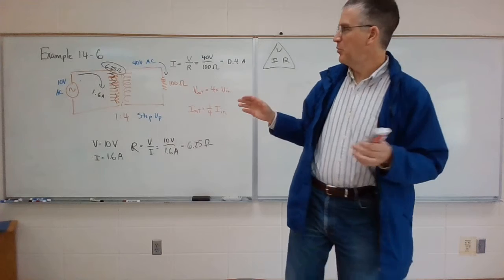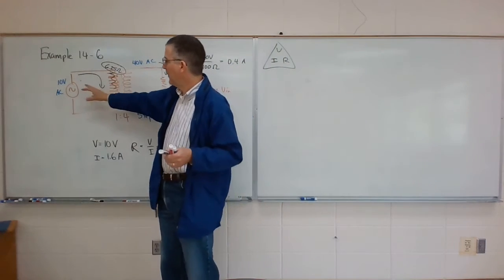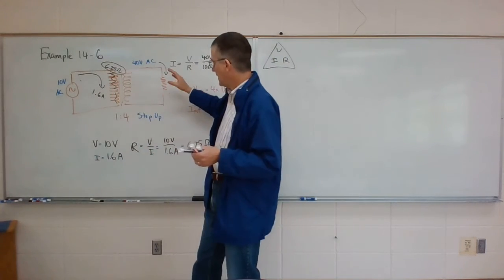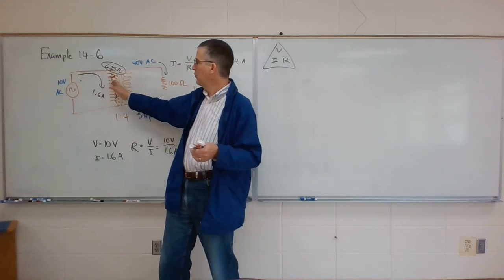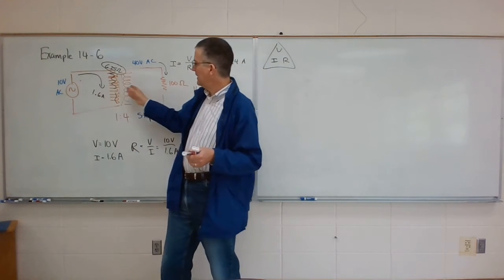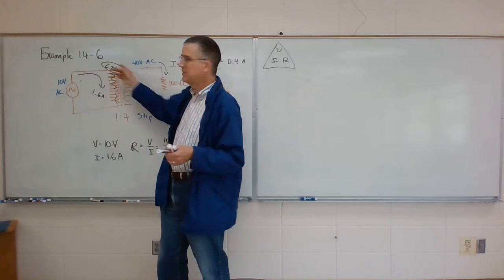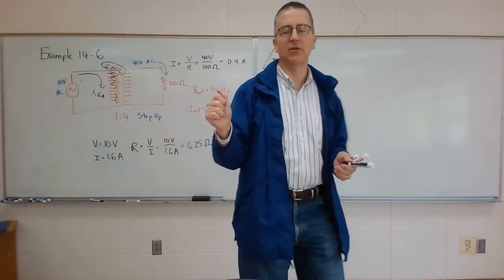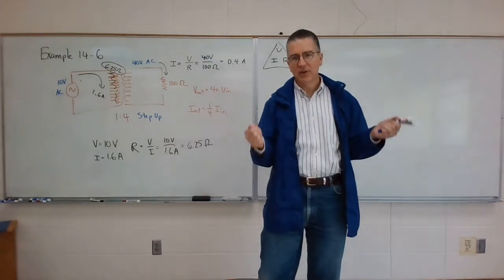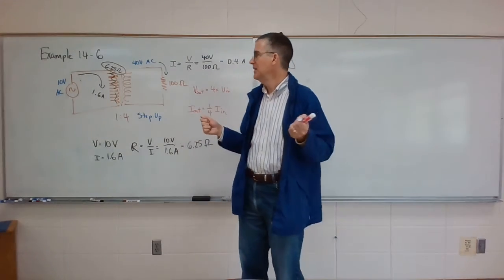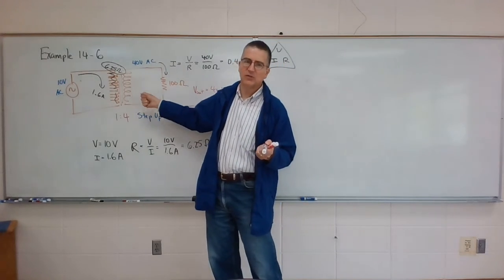Okay, I get 6.25 ohms is what this is experiencing. Now it's a 100 ohm load over here that's electrically isolated from it, but through the transformer, it behaves like a 6.25 ohm load. Now you can walk through the example problem and do the little formula, and that's fine, but this is sort of the why this works.